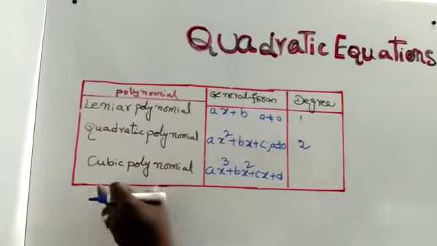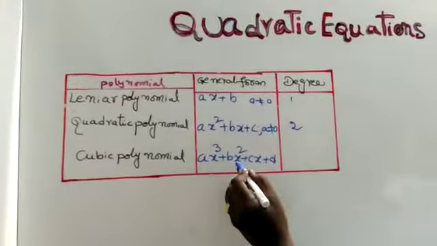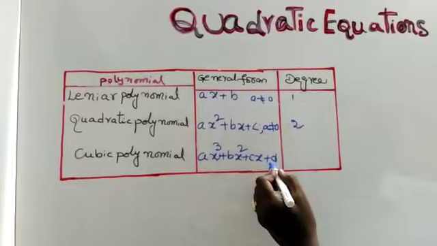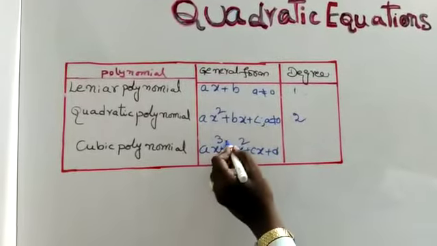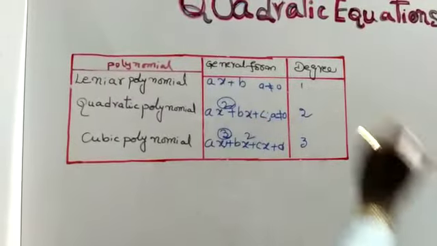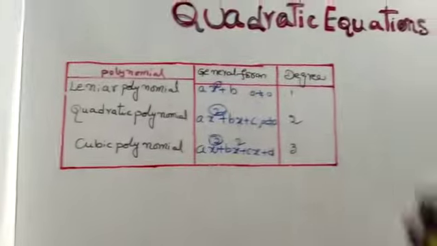Then the cubic polynomial is ax cube plus bx square plus cx plus d. Here the highest power is 3. Here the highest power is 2. Here the highest power is 1. So this is the degree of the polynomial.